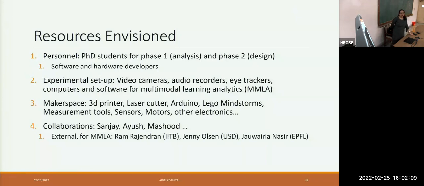Yeah, thanks. So in terms of doing such a project, I am quite comfortable with doing the multimodal analysis and everything by myself. Yes, I have not set up a makerspace, but I have done what are called studies in makerspaces.